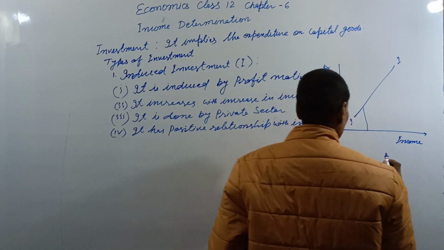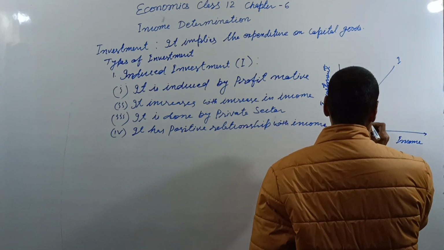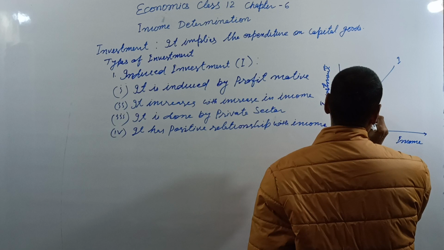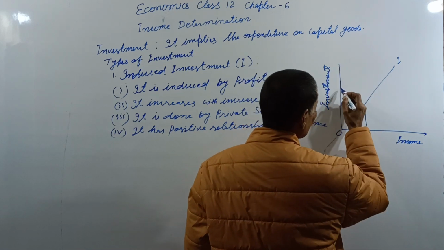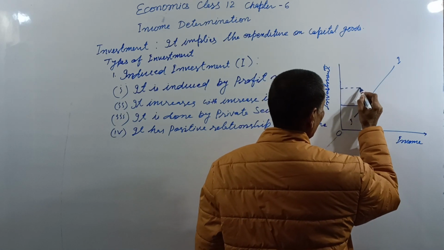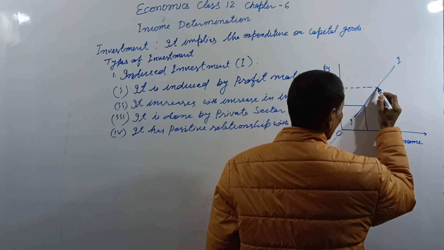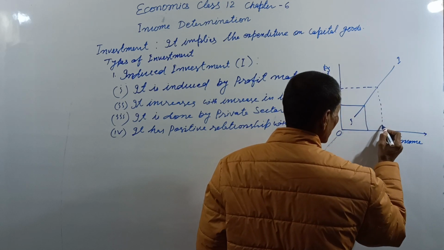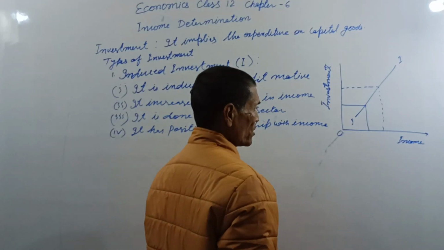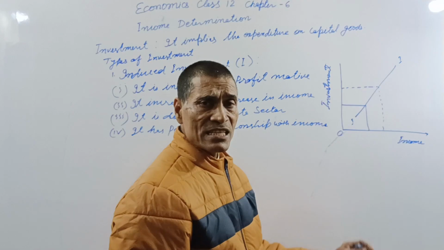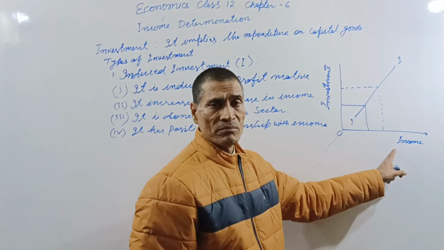At this level of income, investment is this much. You can see, if income increases, investment also increases. So what it shows, there is positive relationship between investment and income.